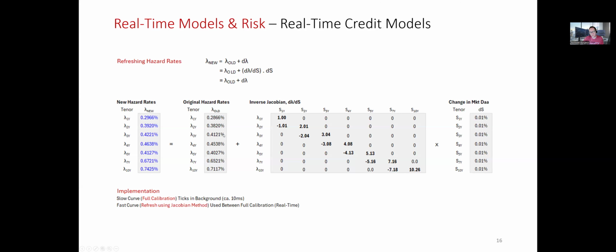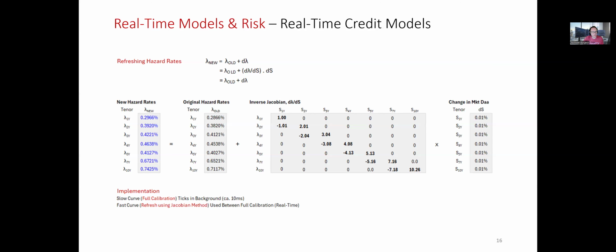That operation, this matrix multiplication process, is super fast, and it can be parallelized and vectorized. It can be made even faster, to calculate in nanoseconds or less. And again, the implementation would be that you do a full calibration of your hazard curve, just like we did for the interest rate curve, the yield curve. That would tick away in the background. Quite often, that would calibrate within 10 milliseconds. If you have a slower implementation, it's fine.